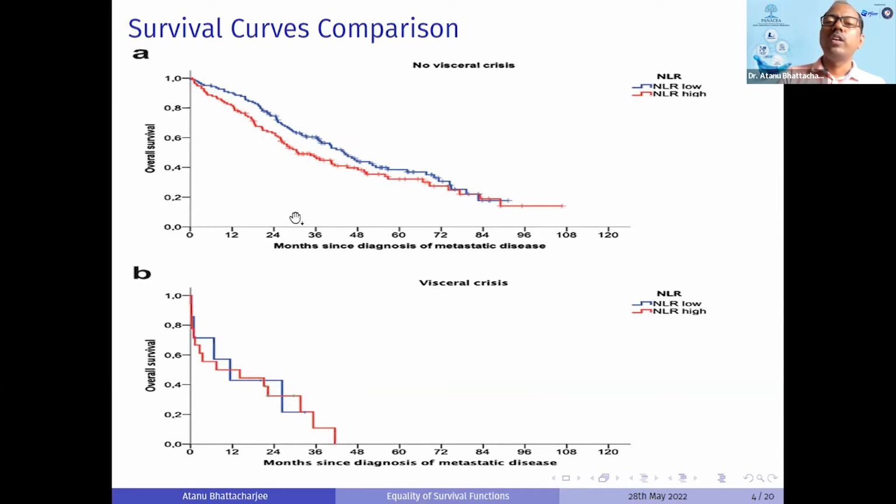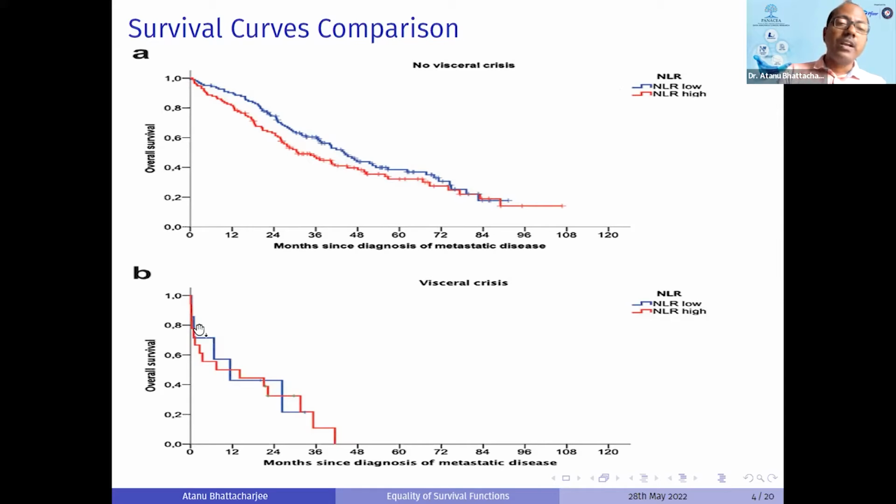Because overall there is no difference between NLR low and NLR high after 84 months. But if you talk about beyond 24 months or beyond 36 months, up to 36 or up to 48, obviously NLR low is doing better than NLR high, or even this peak up to 12 months. So NLR low is doing fabulously better than NLR high.